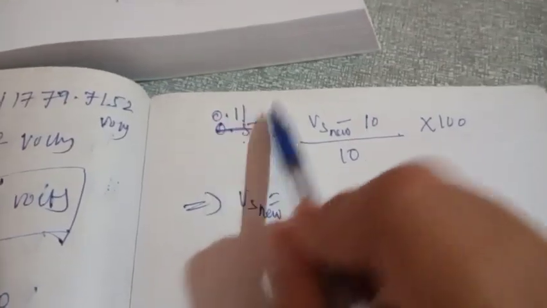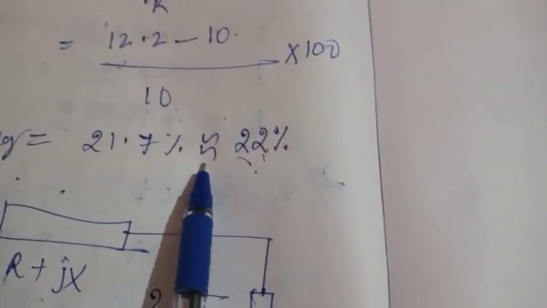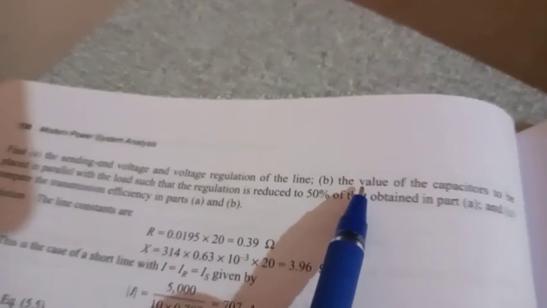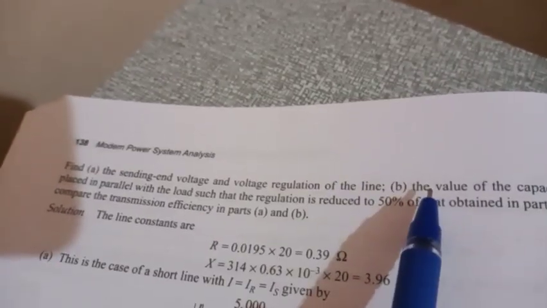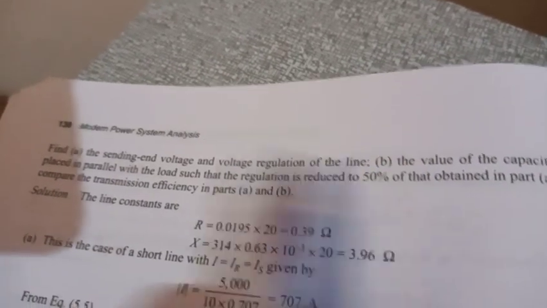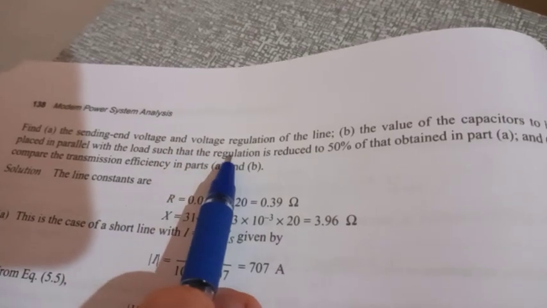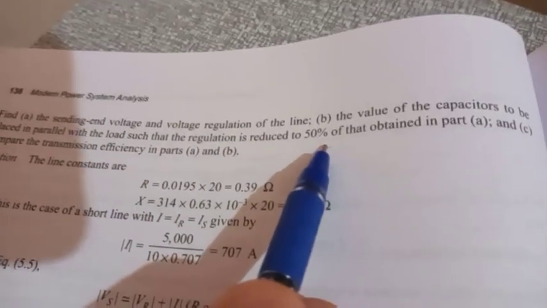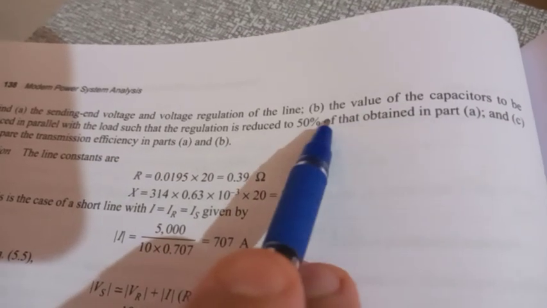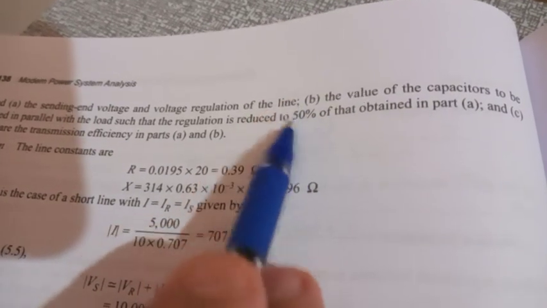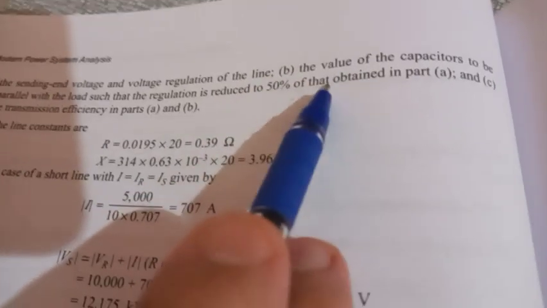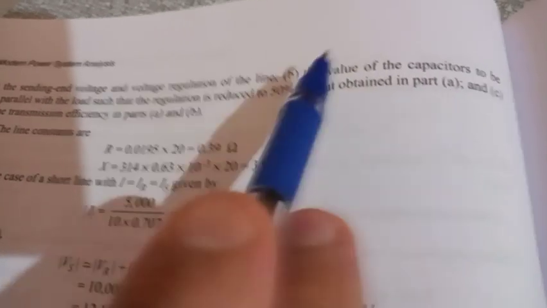In the sentence they have clearly said the value of the capacitors to be placed in parallel with the load such that the regulation is reduced to 50% of that obtained in part A, in bit number 1, not 50% regulation itself.